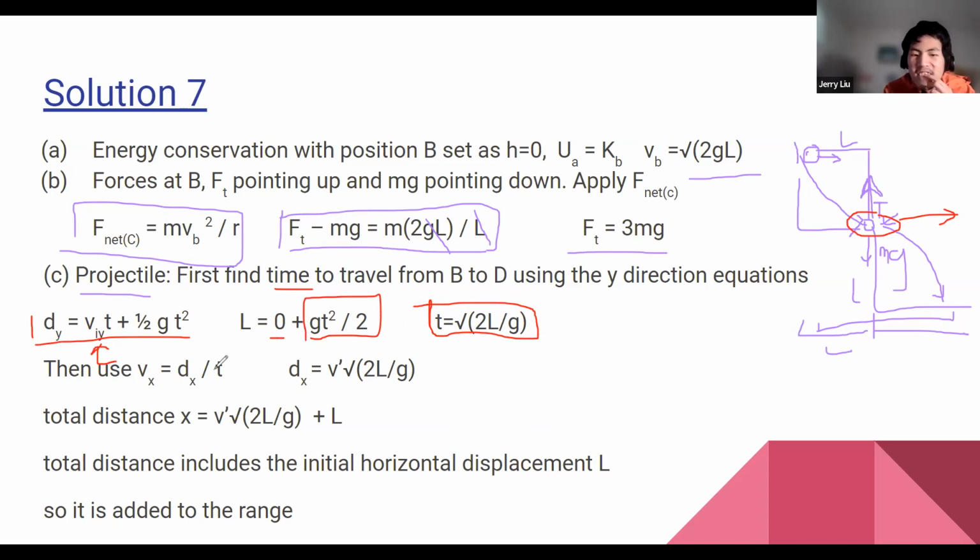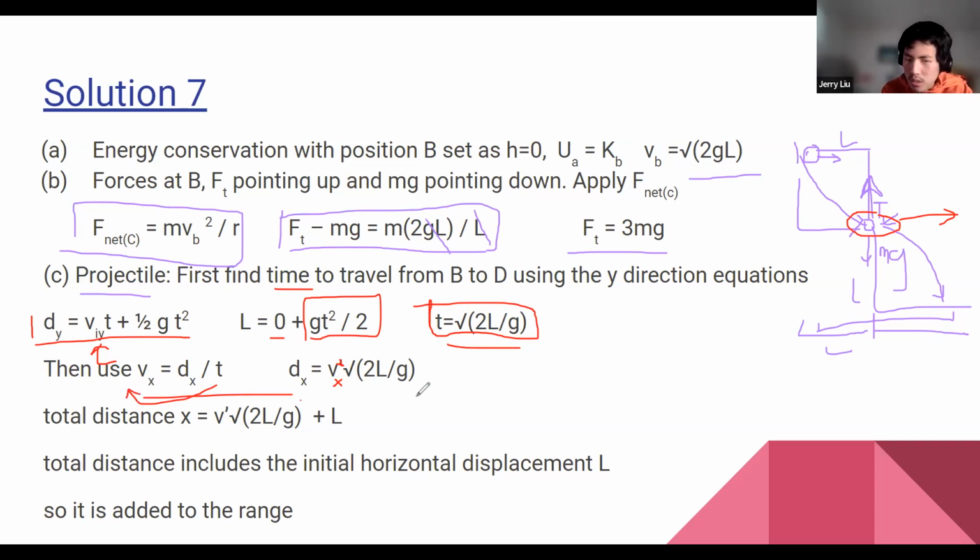So this is just 2L over g, and then you have to use the formula dx equals Vx times t. So this is notated wrong, but you could just move t over, and we already know what t is.